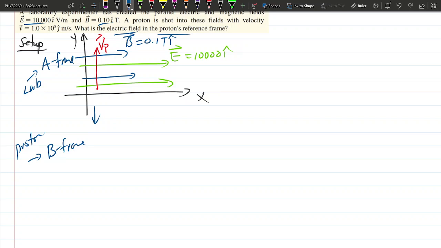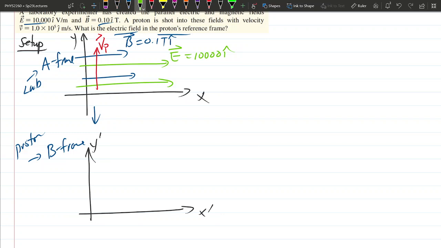Now we're going to put the little GoPro on the proton. It also has these coordinates, and if you are taking relativity, this is actually going to be marked prime, but it's just superficial at this point. There's going to be a different electric field in here, and we don't know what that is.